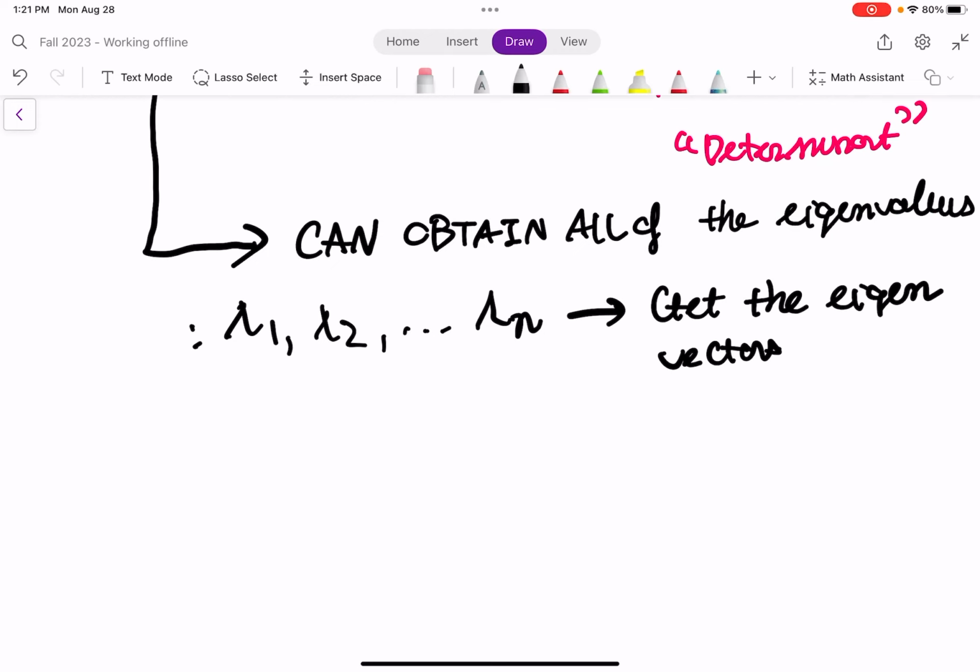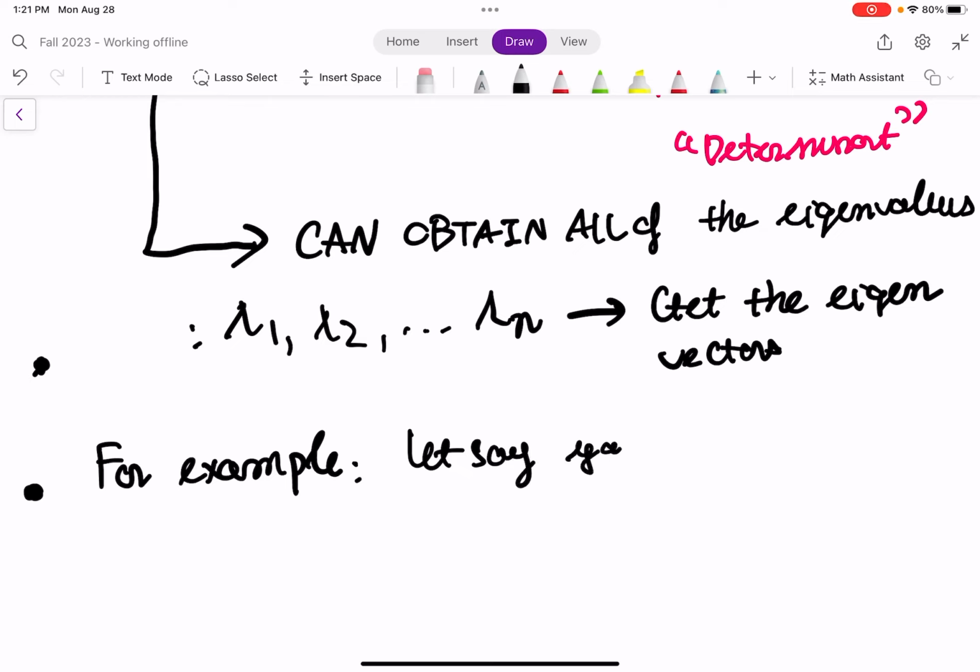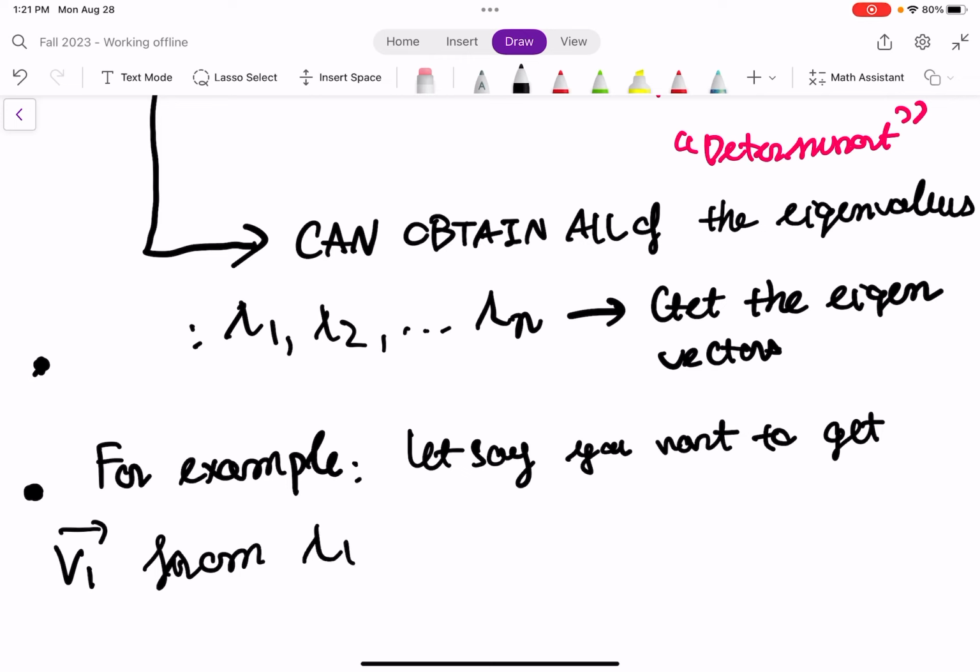The way to get the eigenvectors in detail is after you get an eigenvalue. For example, let's say you want to get eigenvector v1 from lambda 1.